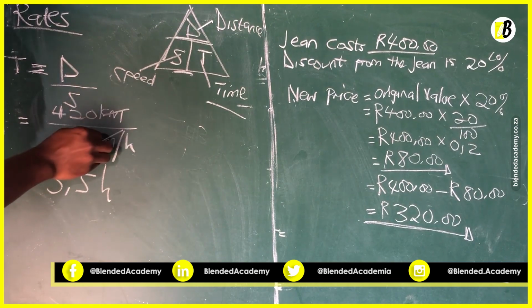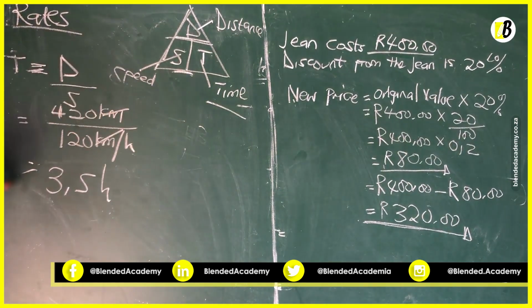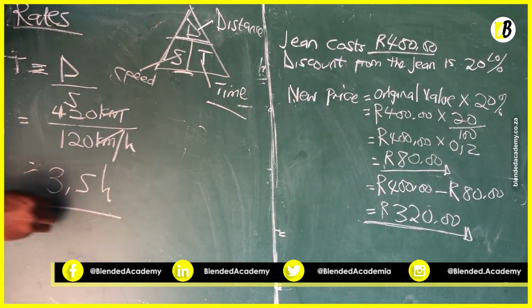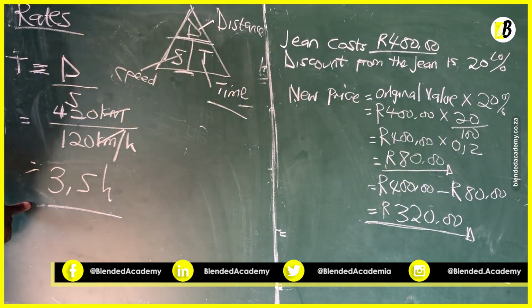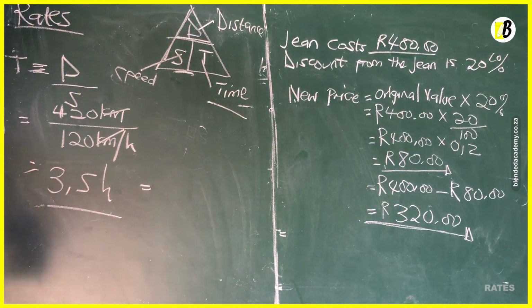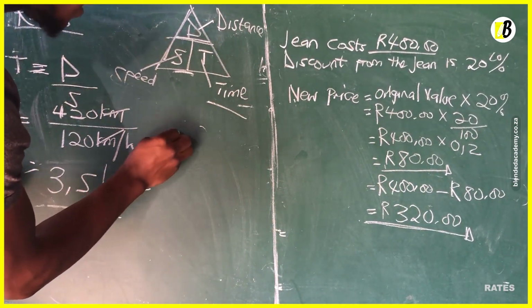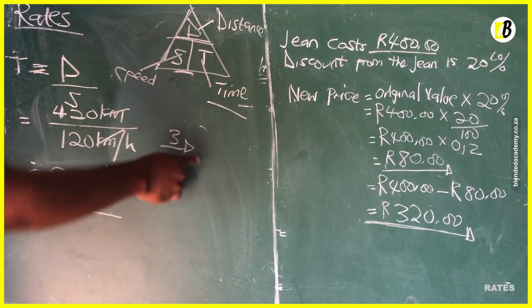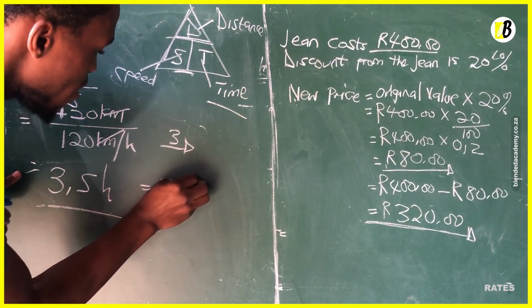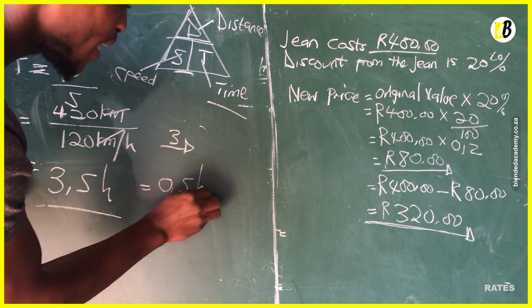Why? Because kilometers cancel each other, and we're left with hours. So this expression is in hours, right? Let us break it down. Now we know that we have 3 hours that we're going to drive, and then we have 0,5 hours again.